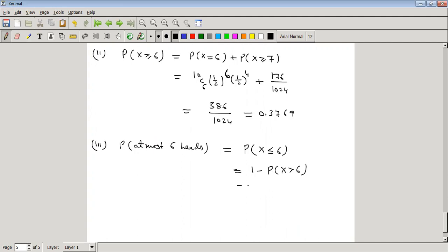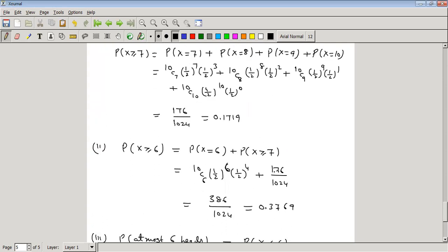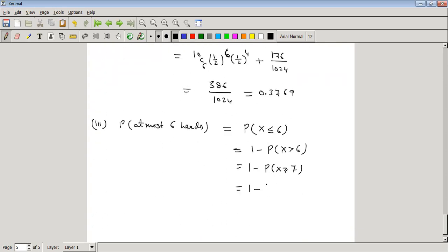X greater than 6 means 7, 8, 9, 10, so it is P(X greater than or equal to 7), which we have already calculated as 176 over 1024. After solving, we get 848 over 1024.